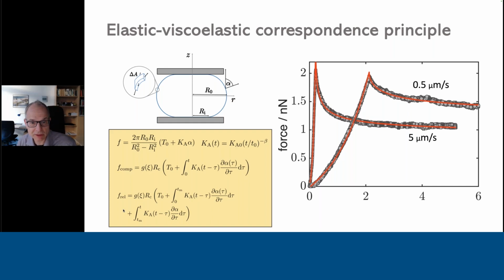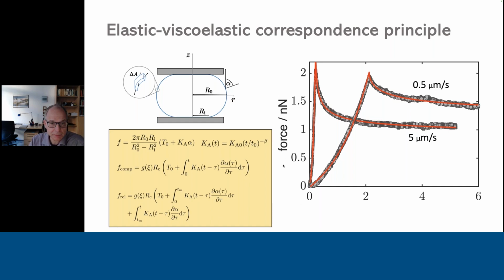It's an analytical fitting function that helps us now to describe the data even for different velocities. This cell has been indented at 0.5 micrometers per second, and this one 10 times faster. These are two fits with the same parameters, showing how nicely the data is described by that model.